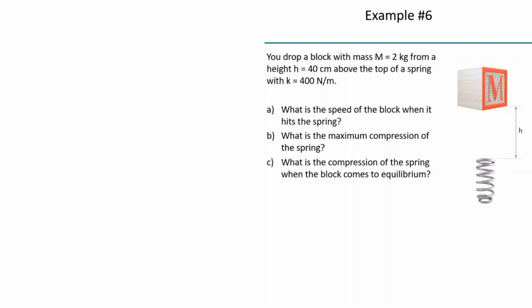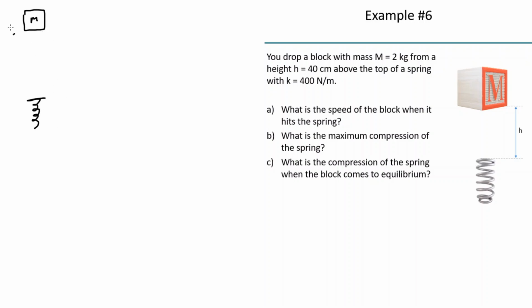Okay, so let's start by drawing a little diagram of what's going on here. We've got our block up here, mass m, and here's our spring, like this. We'll put a little platform that the block can land on.